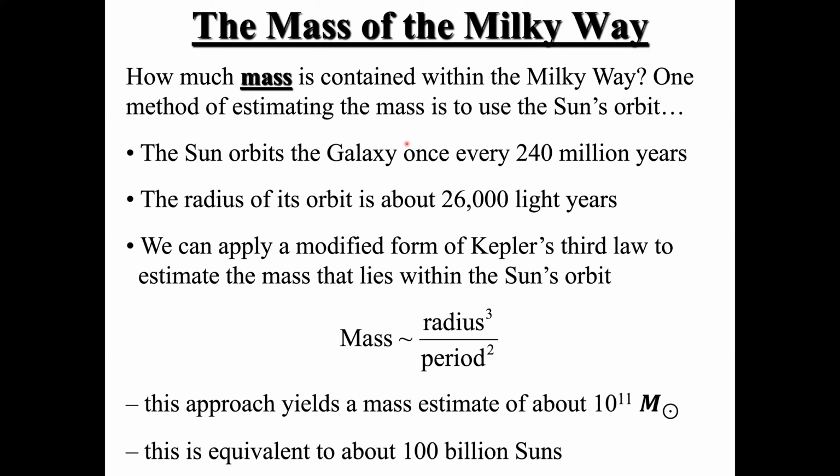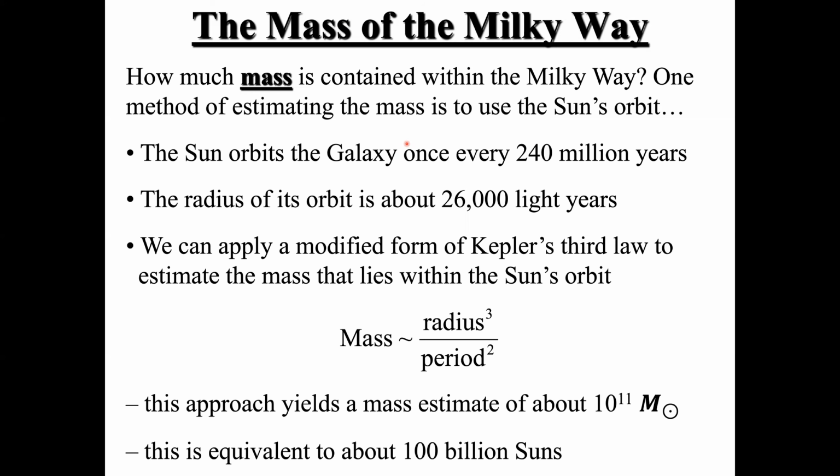If you know these two factors, you can apply the modified Kepler's law, which we have discussed earlier as well, to find the mass of the galaxy. So that will be radius to the power 3 divided by period squared. If you measure the mass in this way, you will get a value close to 100 billion suns, or 10 to the power 11 solar masses as the mass of the galaxy, right?